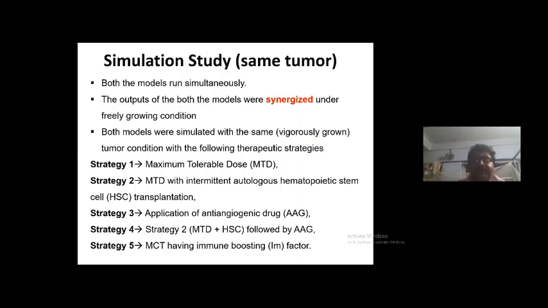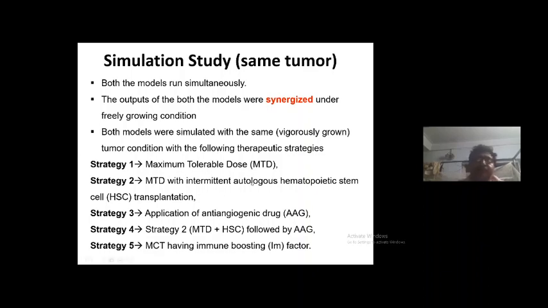Now we make a simulation study, and here both the models are synergized for the free growth condition, so that we can assure that both models start from the same position, and we consider a vigorous type of tumor growth.